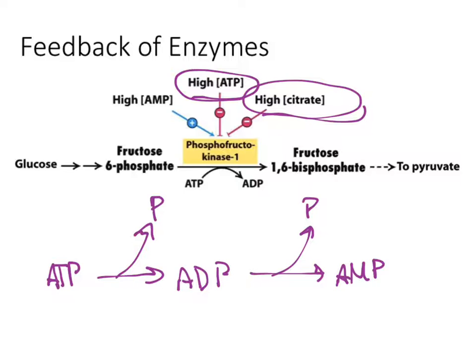Instead, what I've got are a series of questions. Fill in the blank, single word answer, phrase answer. The goal of this is really to get you to start identifying different types of reactions. So can you, from glycolysis, identify a kinase reaction? Can you identify a dehydrogenase reaction or an isomerization?